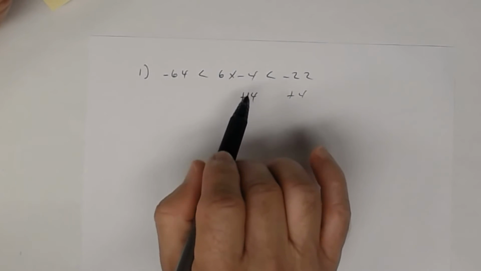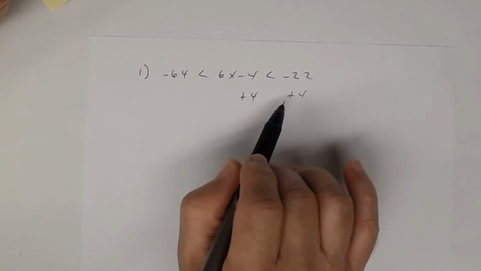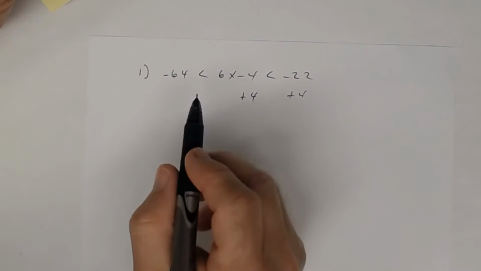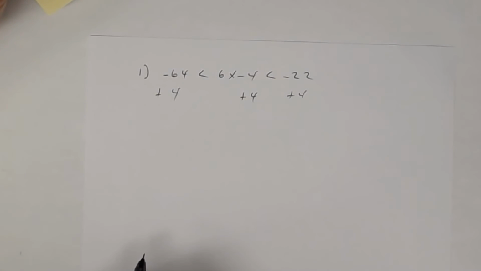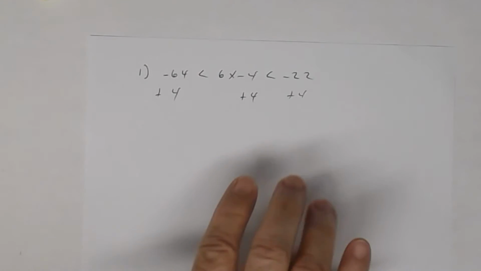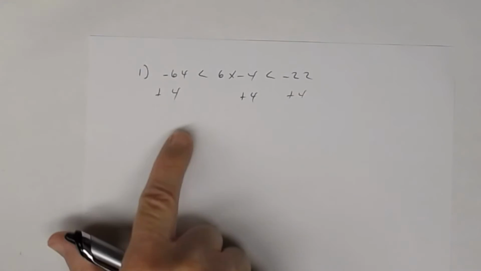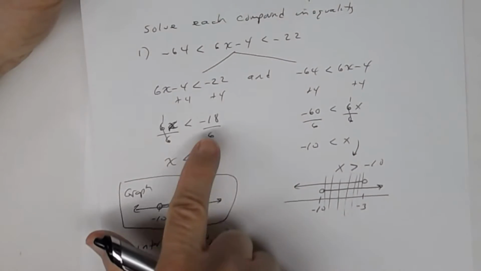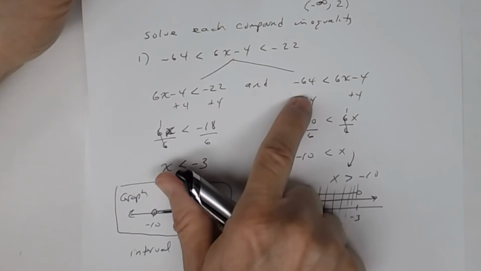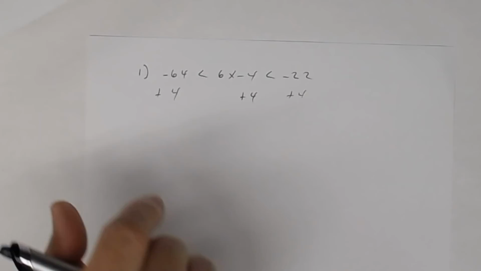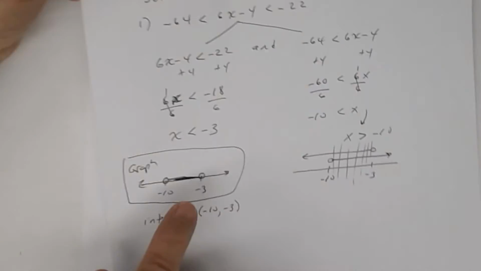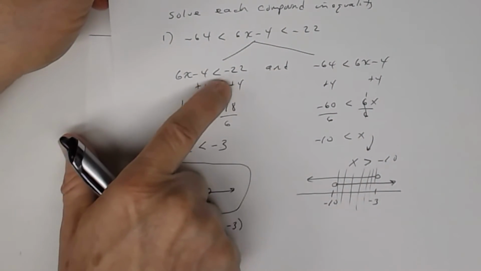So if you add 4 to the middle part, you have to add 4 to the right-hand side, and you have to add 4 to the left-hand side. And that brings us back to this here. Remember we did this? Add 4 here. You see it's right here, right? I'm sorry, right here. Add 4 to negative 64. You see it right here. We added 4 to negative 22. You see it right here, right?